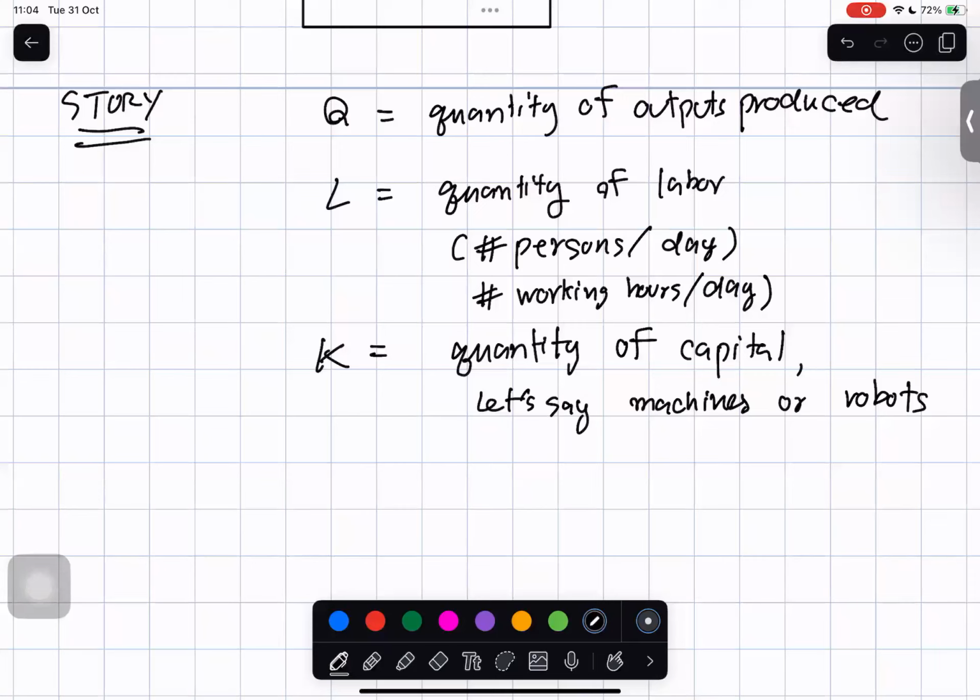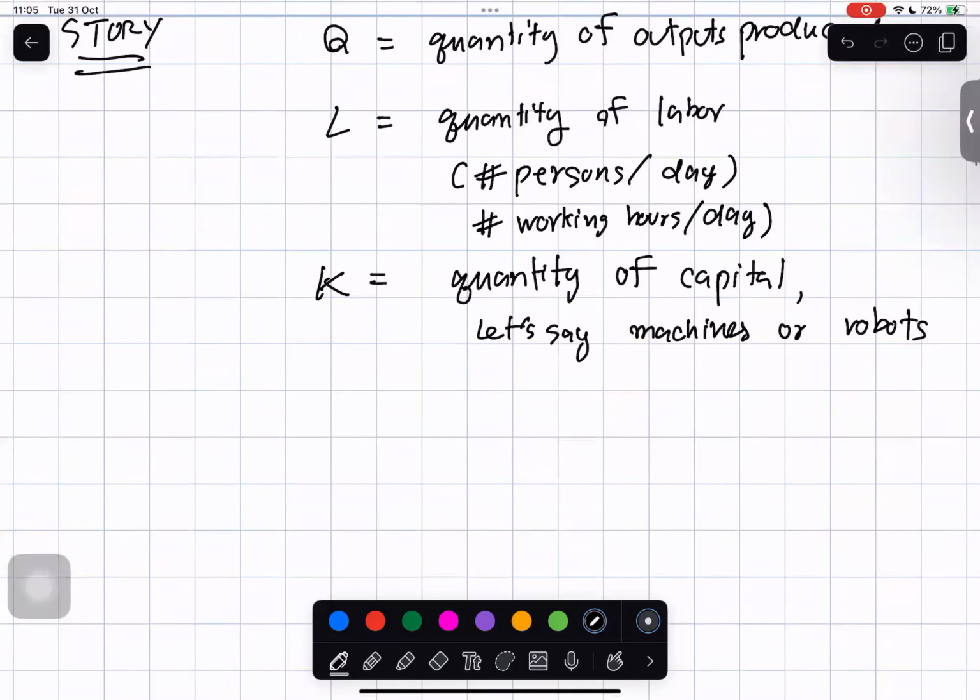Let's have an example in mind. Let's say it's about the number of machines that we use, or number of robots that we use together with man. So man and machines. Okay, we make the story simple. We produce output Q by using workers working together with, let's say, machines or robots. Okay, we have three variables already.